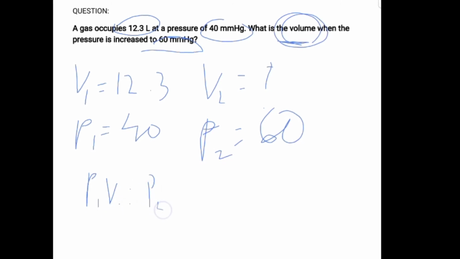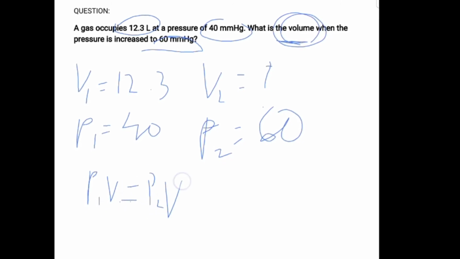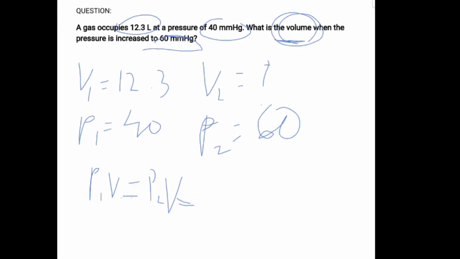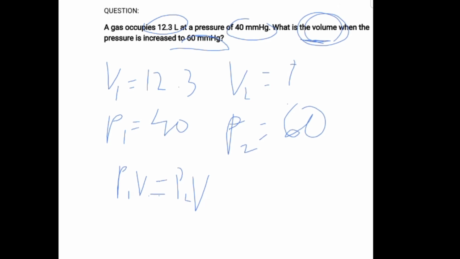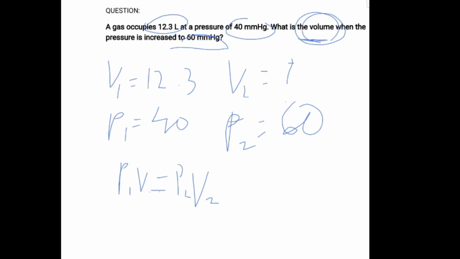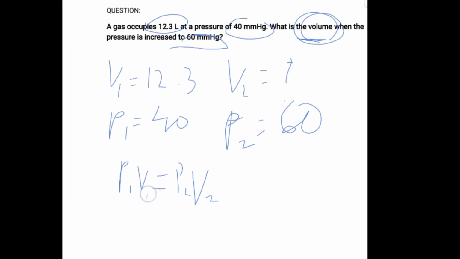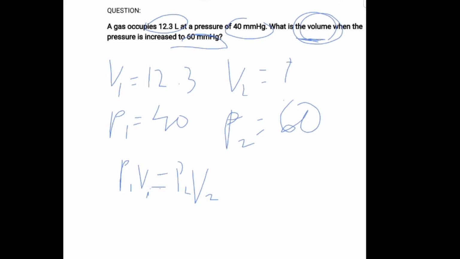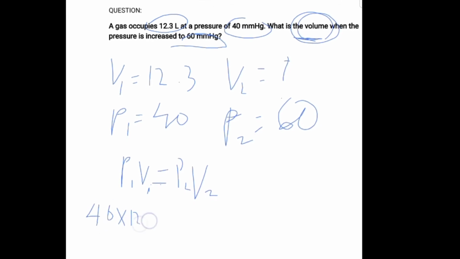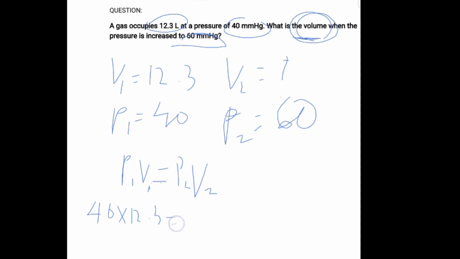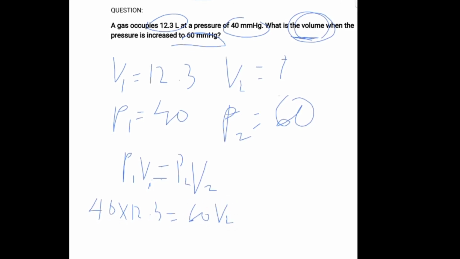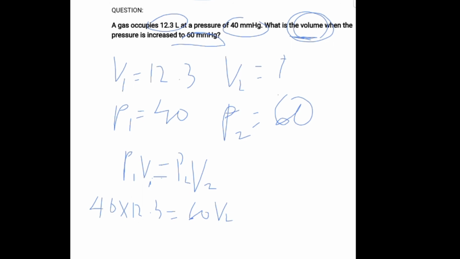So as we know, P1 V1 equals P2 V2. So just put in the value. V1 equals 12, P1 equals 40 times 12.3, P2 is 60, and V2 is unknown.